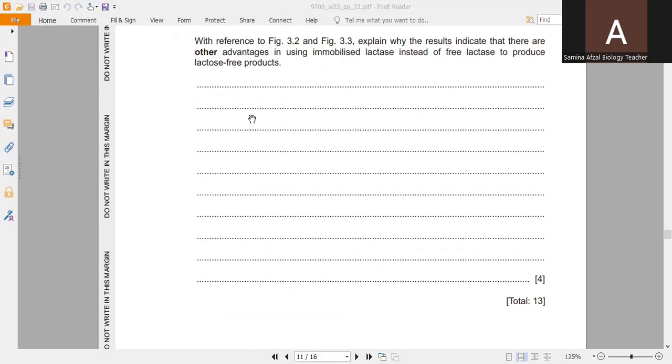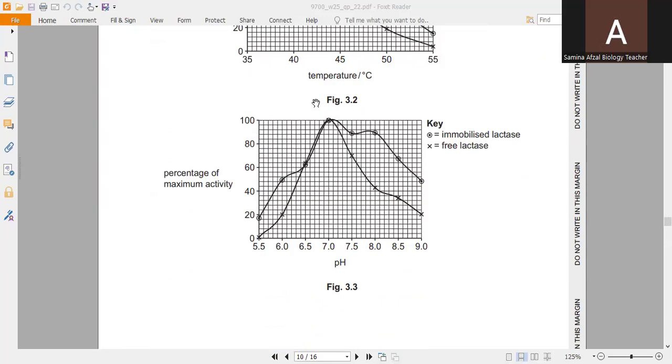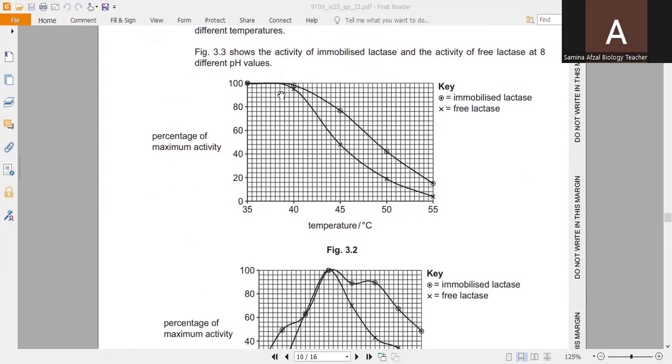So if we observe figure 3.2 and 3.3, then we can see the advantages of using immobilized lactase. First of all, we can say that the thermal stability is there at temperatures above 40 degrees C. Above 40 degrees C, the activity of immobilized lactase remains significantly high.